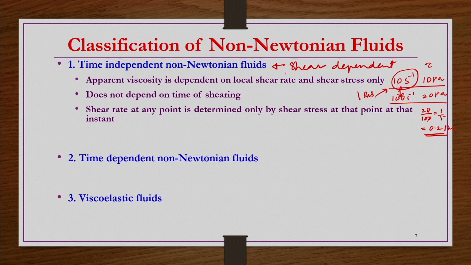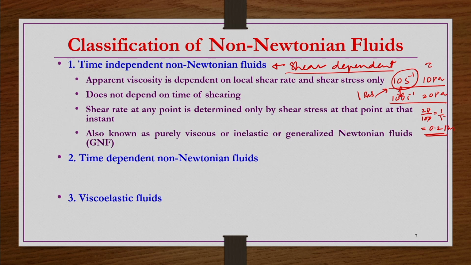So, that is the reason they are also known as the shear dependent non-Newtonian fluids, also known as the time independent non-Newtonian fluids, because they are dependent on the shear rate, but they do not depend on the duration of shearing. Then they are also known as the purely viscous or inelastic or generalized Newtonian fluids, GNF. Why?